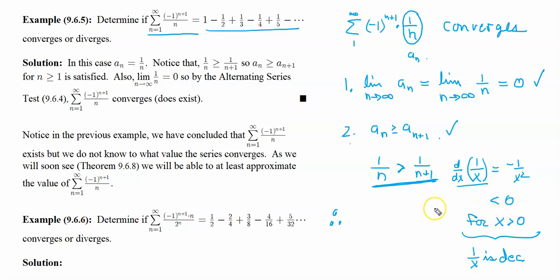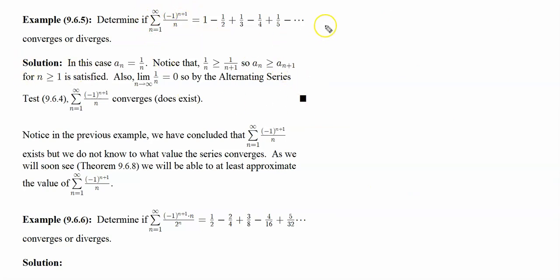Okay, now this is an interesting series right here. Just note this as well. If we look at the series 1 over n, recall that that is 1 plus 1/2 plus 1/3 plus 1/4 and so on.